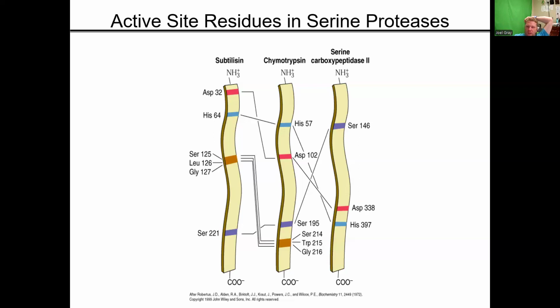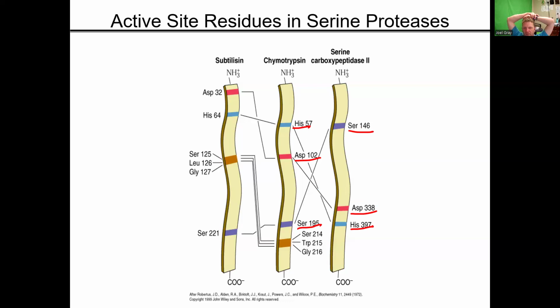These are the hallmark residues: histidine, aspartate, and serine. Those 3 residues are kind of the keys when it comes to breaking a peptide bond and doing the chemistry that I talked about in the previous video.